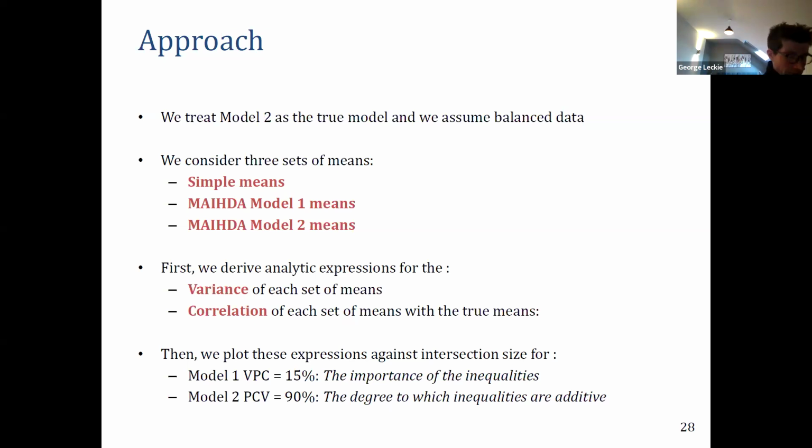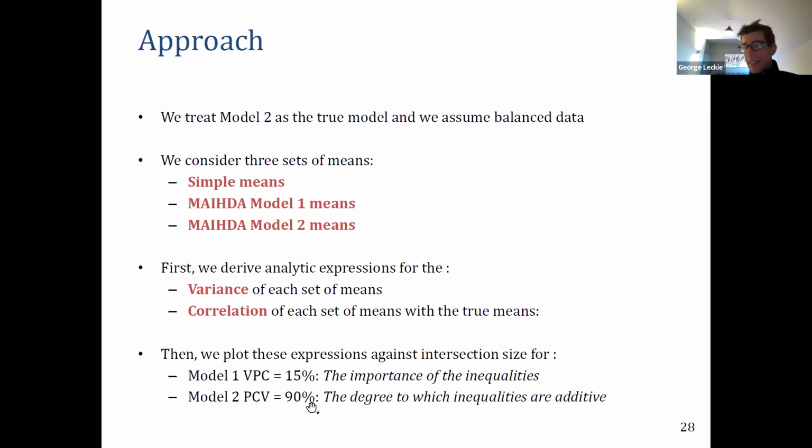Now, to do this, we obviously have to declare the characteristics of the true model. By that, I mean we have to declare how important are intersectional inequalities in the first place. And I say they account for 15% of what's going on, similar to the Keller study. And then we also have to say, to what extent are the intersectional inequalities additive?